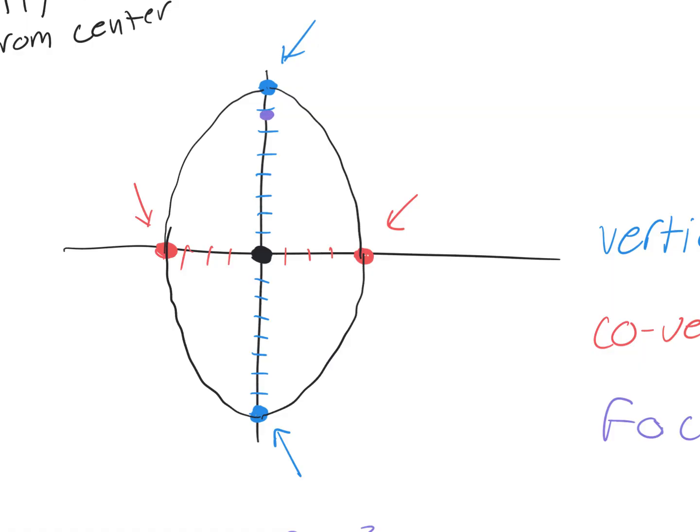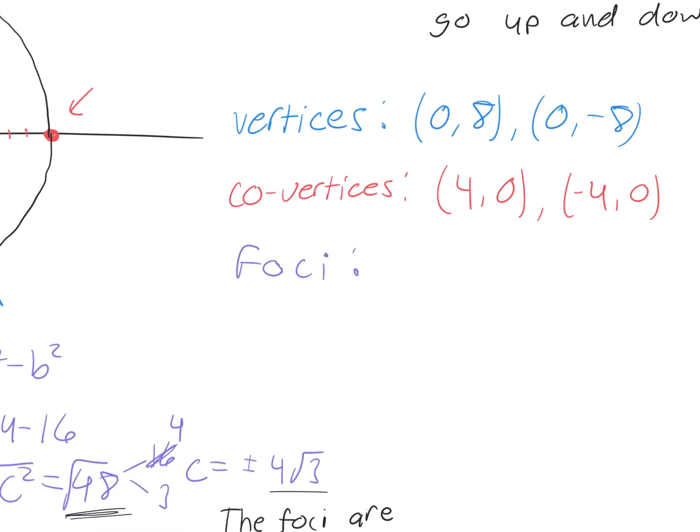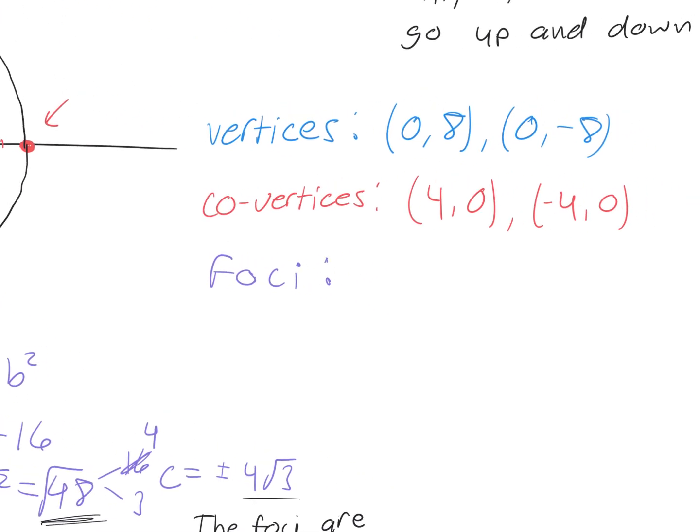So I would put a point right there, and then I would put a point right there. And again, it's always along the major axis, and in this case, the major axis is the vertical one. So you would plot those points right there. All right, and then your foci as ordered pairs: 0 stays the same.